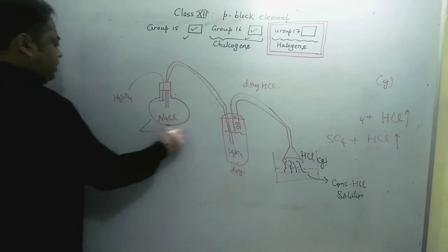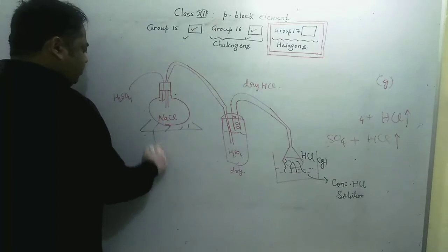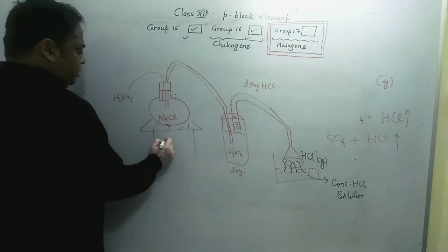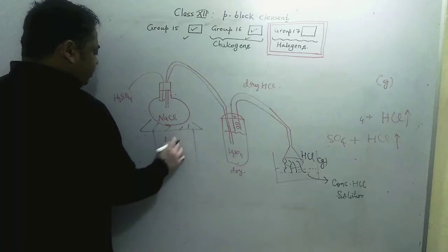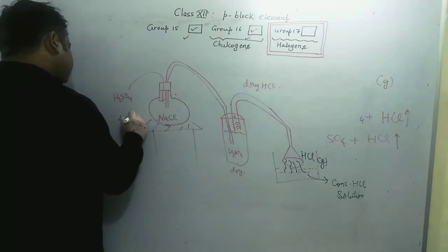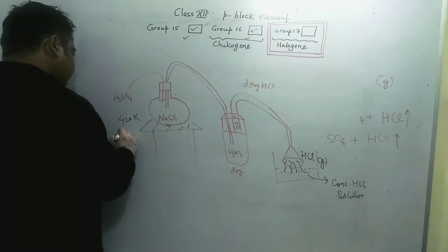This is heated using a tripod stand. At first the heat which is given is 420 Kelvin, and then slowly it is heated to a higher temperature at around 723 Kelvin.